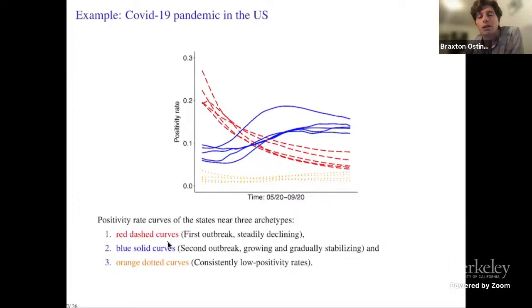To show that a little more, if I look at the time series corresponding to states that are near the archetype points, where the colors correspond to different archetype points, I get states like New York and New Jersey that had very high positivity rates in the beginning of the pandemic, states like Arizona that had a strong second wave, and states that have uniformly low positivity rates.